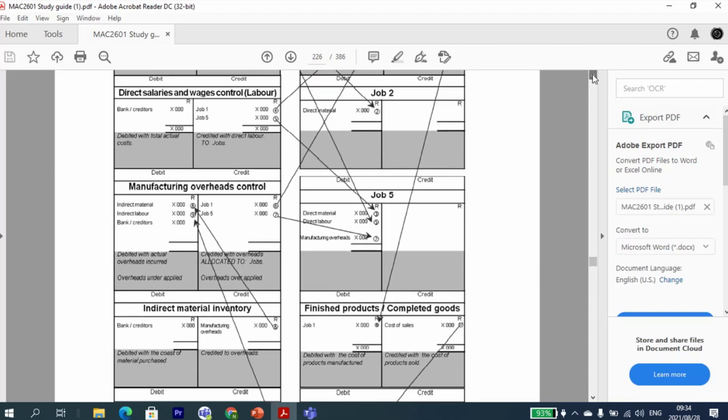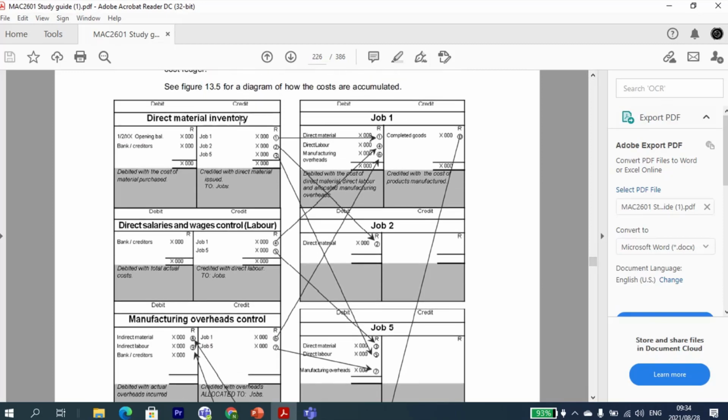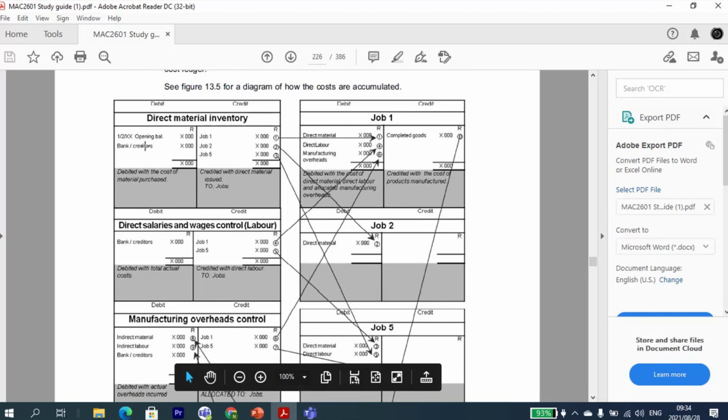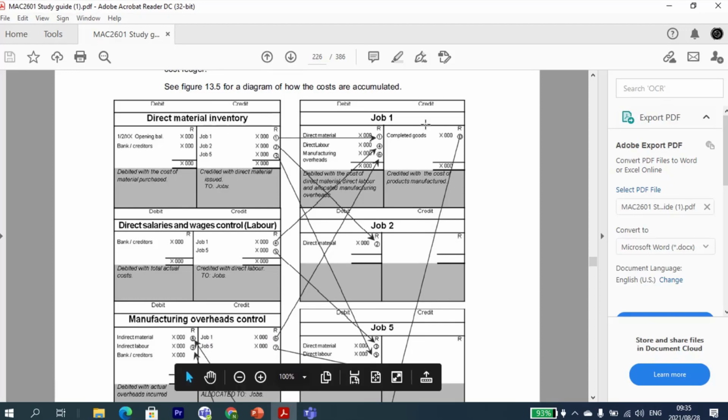So, summary: what we just said is that there will be T accounts for all the costs incurred, right? When the materials are being purchased, when people are being paid, when there are manufacturing overheads, and so on. Then once you know all the costs, you start transferring to the specific jobs, Job 1, 2, and 5.